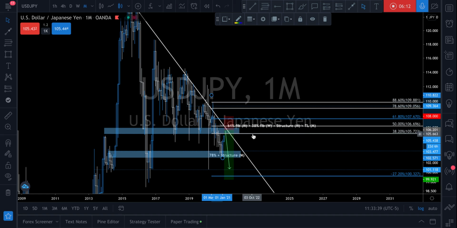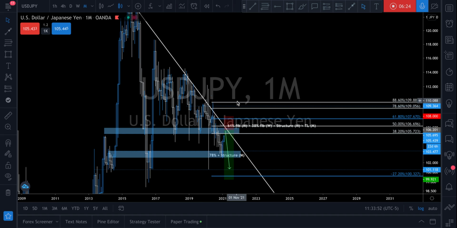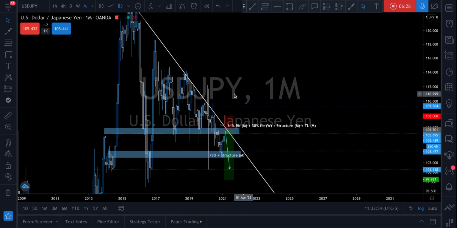So we have a probability of making it up towards this area of structure right here, the 10.9.40, so keep that in mind, guys. I'll actually write that up for you as well. But anyways, this is what we're looking at right here.